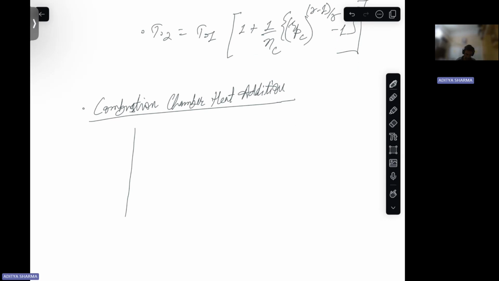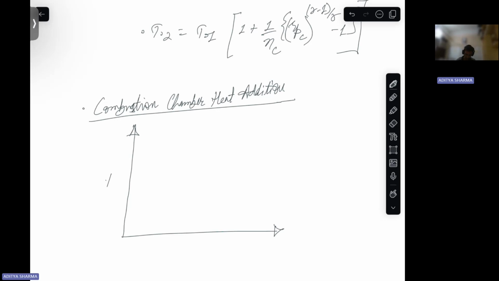One important point here is that while there is heat addition taking place in your combustion chamber, it accompanies a loss in your total pressure.